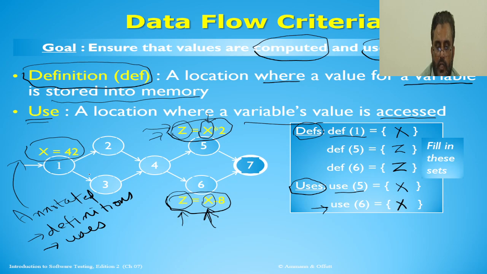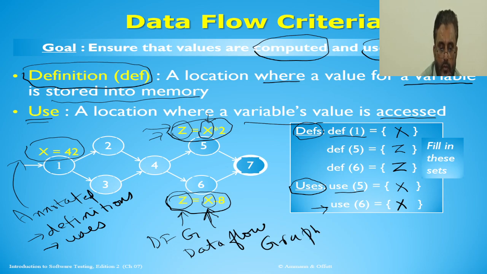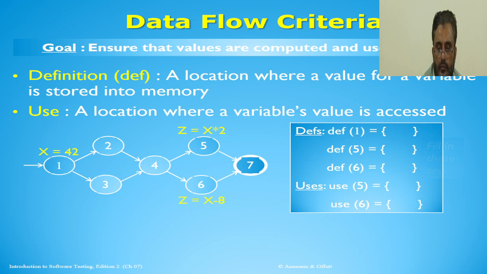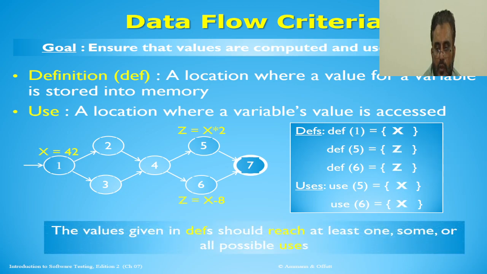This annotated graph is also called a DFG. What does it stand for? It stands for a data flow graph. This is how these different uses and definitions are given on a graph. The values given in defs should reach at least one, some, or all possible uses.